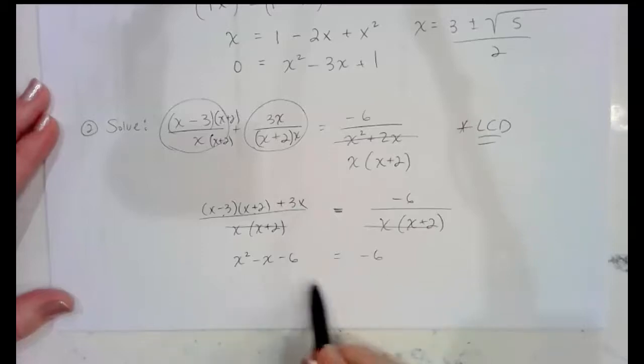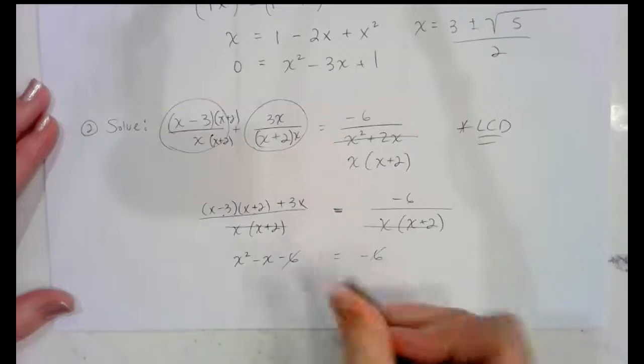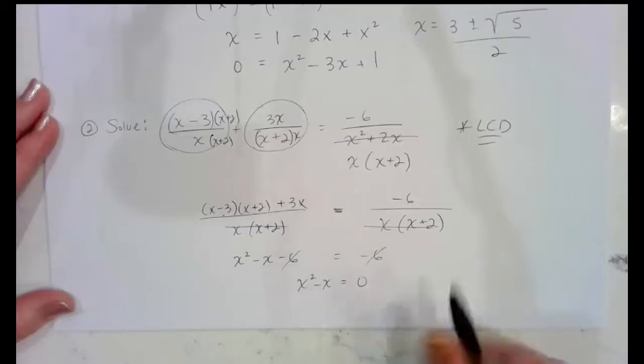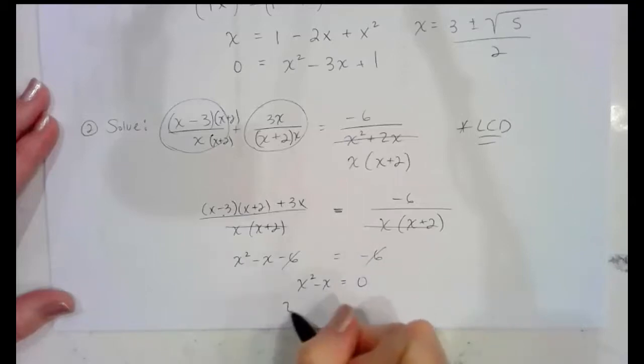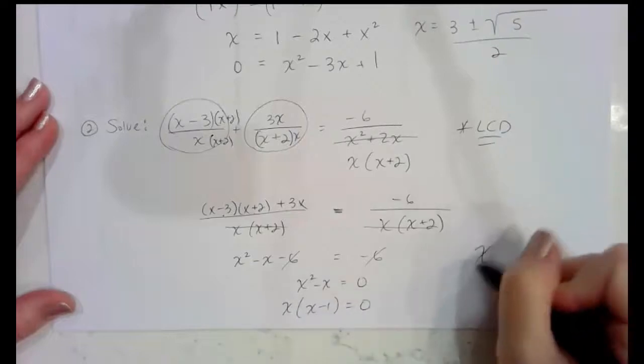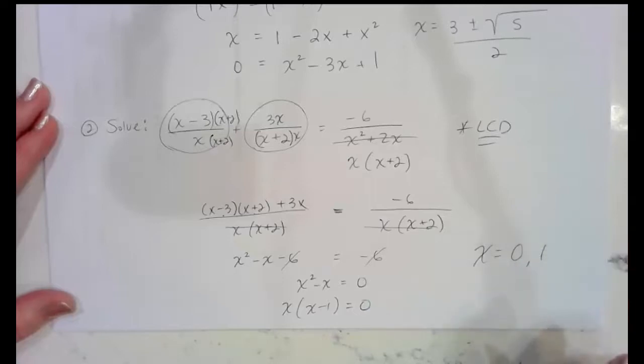So here we've got a very simple quadratic equation. So let's dump the negative 6 from both sides, and we end up with x squared minus x equals 0. Let's factor right here, take out the x, and we get x times x minus 1 equals 0. Therefore, x equals 0, or positive 1.